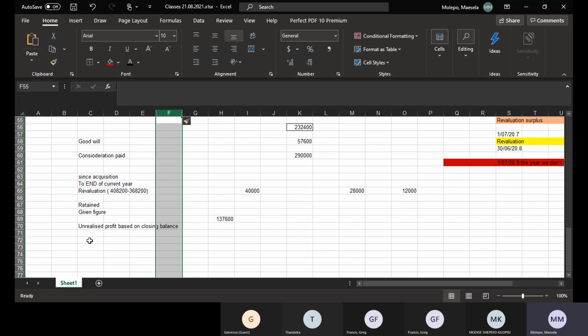The closing balance of the inventory, especially the one for the parent, because the subsidiary was the one selling to the parent here. So it means the subsidiary made the profit.